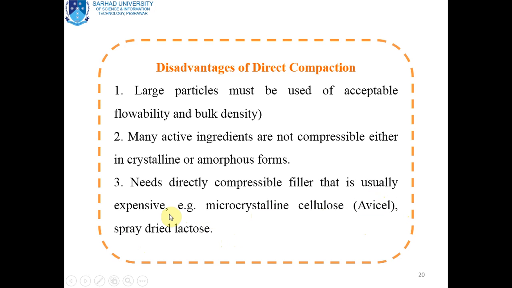These are the directly compressible fillers. These are required, but because of their expensiveness, it becomes costly as compared to the other processing where directly compressible fillers are not required.